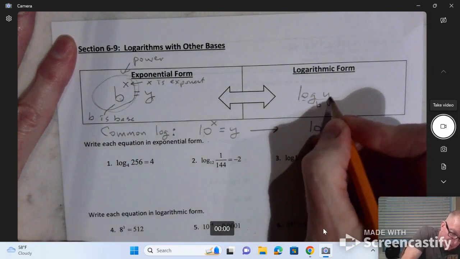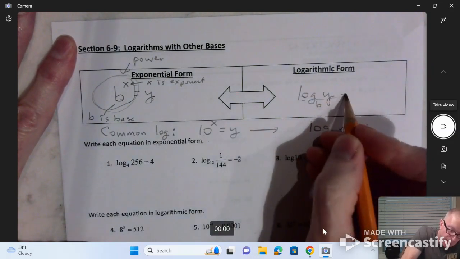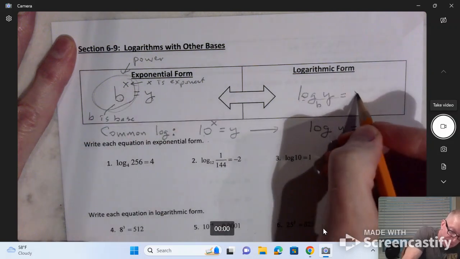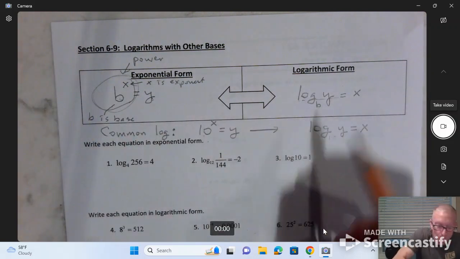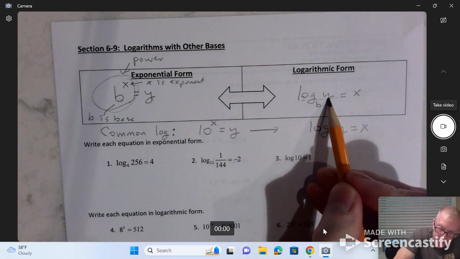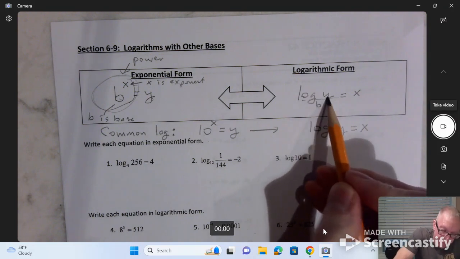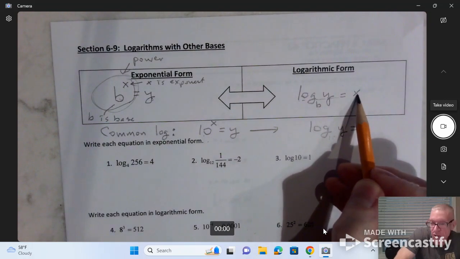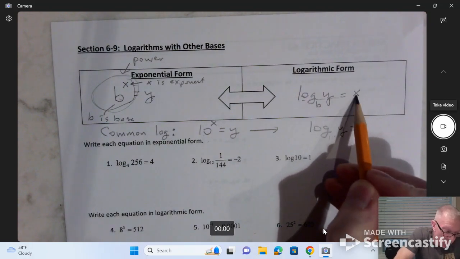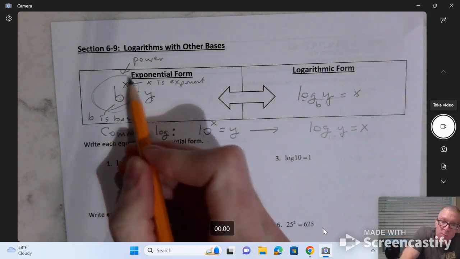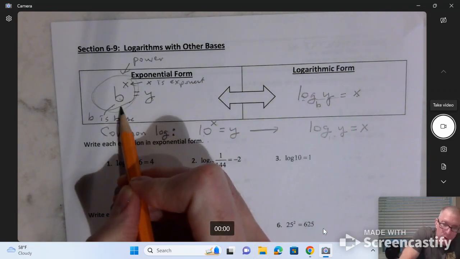So we'd say log base b of y is equal to x. Okay, and as you can see, when you take a log of a number, and then you specify the base down below, what you get here is your answer, or it's really the exponent. It's the exponent when your power is written in exponential form.